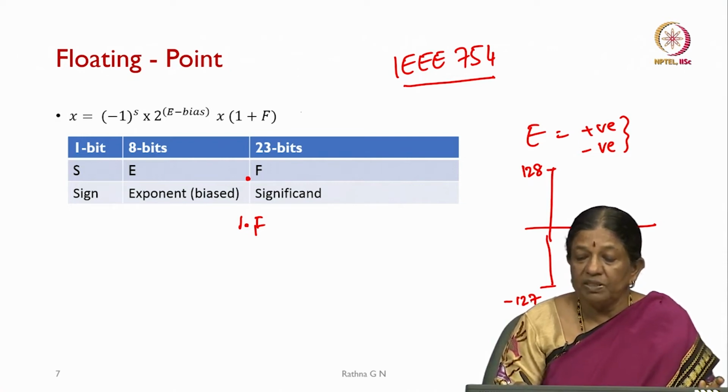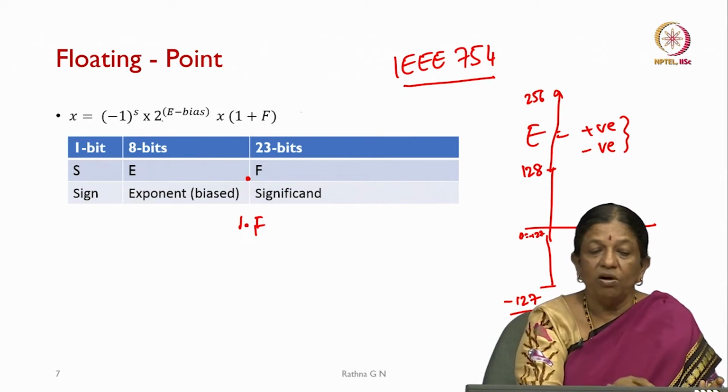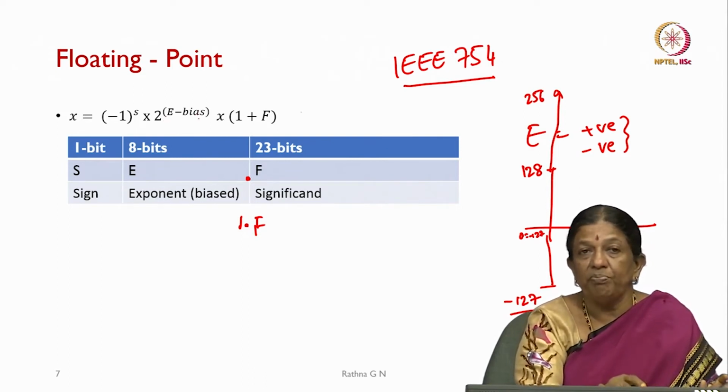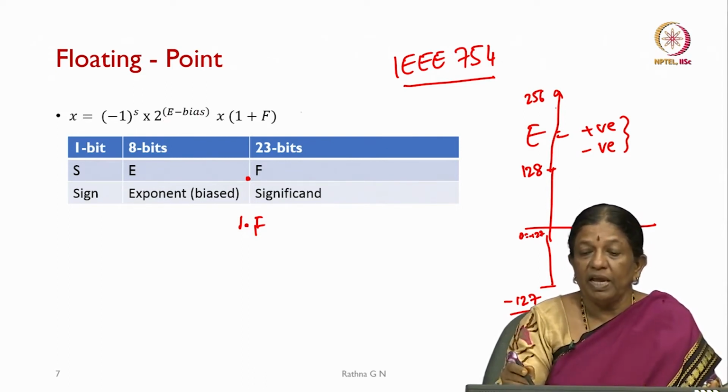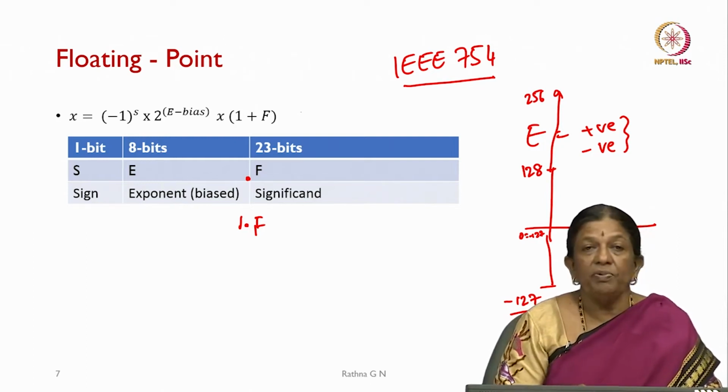Instead of this representation, we shift this one to 0 here, which is equivalent to minus 127, and this one will be shifted up to 256. So, that is how we will have the exponent minus bias, which we compute.